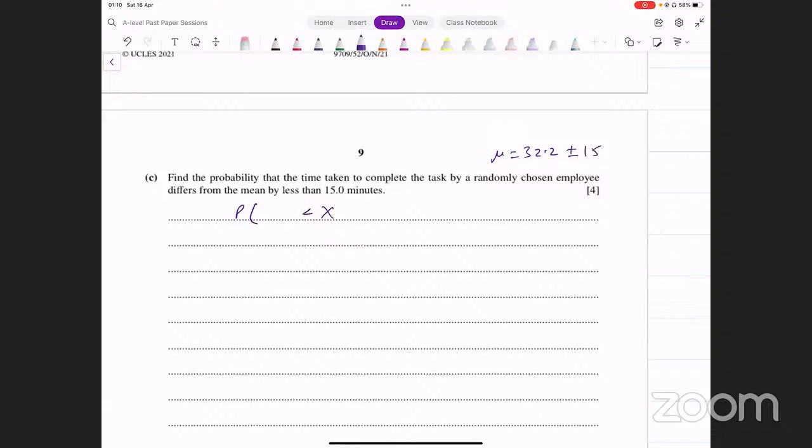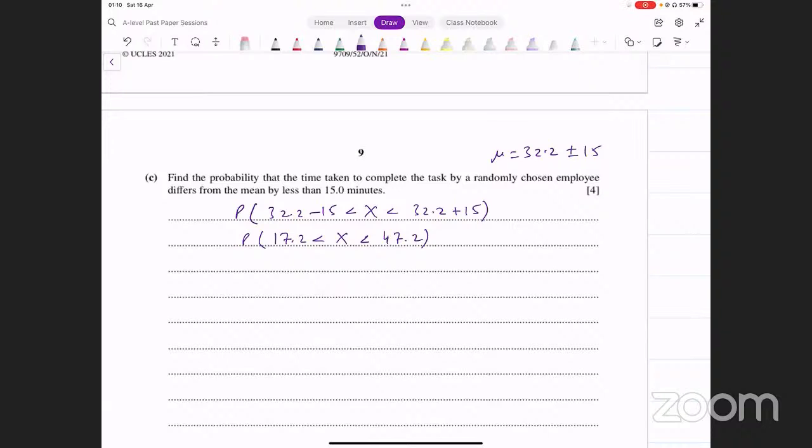So x should be between 32.2 minus 15 and 32.2 plus 15. So आपने क्या फाइंड करना है? आपने प्रोबेबिलिटी फाइंड करनी है that x is between 17.2 and 47.2. ये आपको फाइंड करना है.